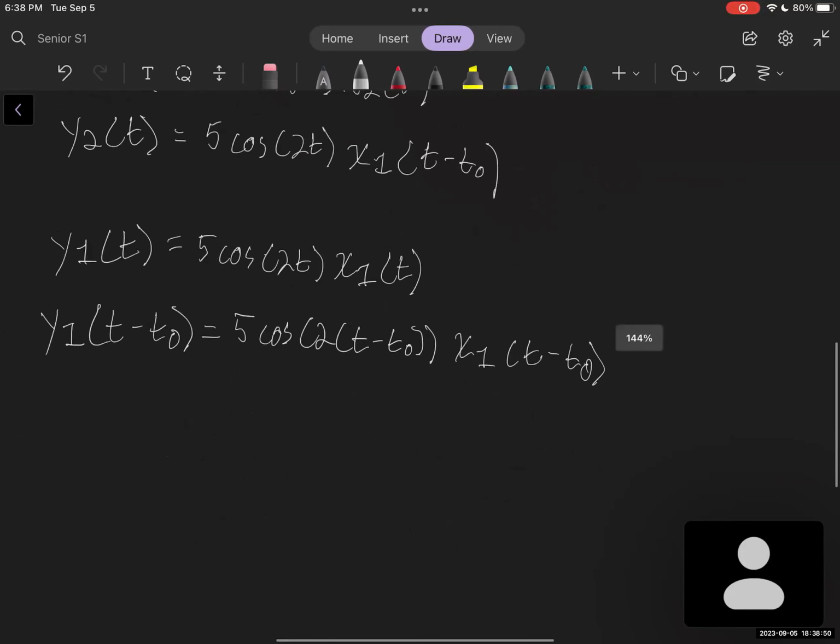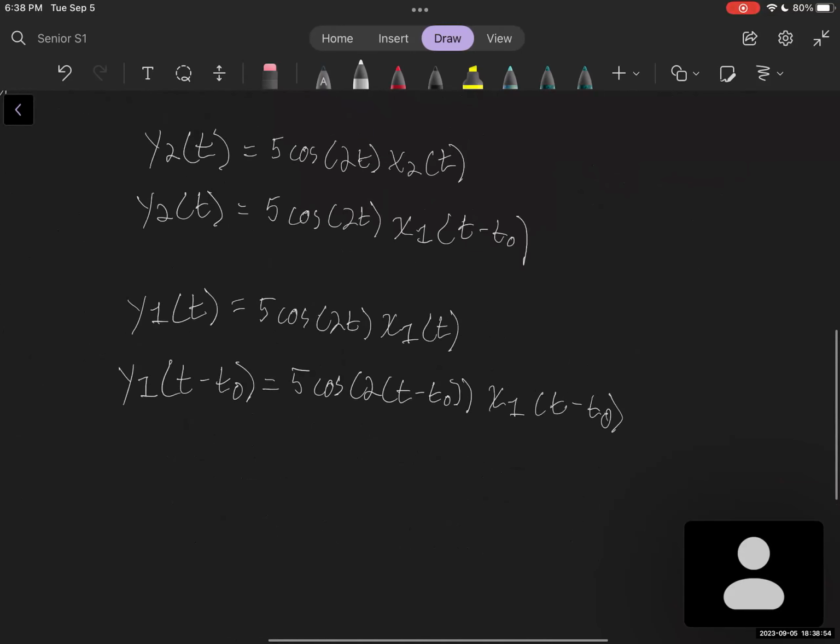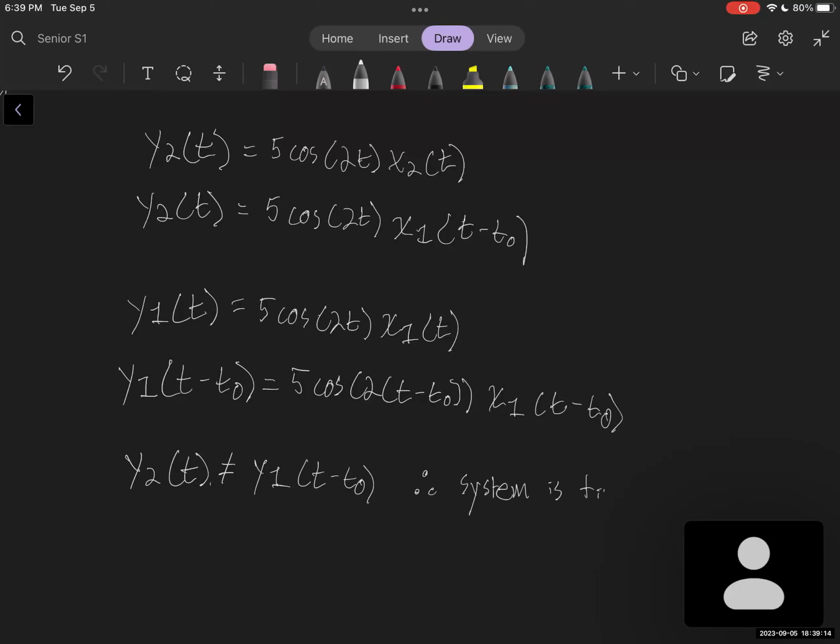Now we have to shift each value of t, which is going to make these two not equivalent. So y2 of t does not equal y1 of t minus t naught. Therefore, the system is time variant.